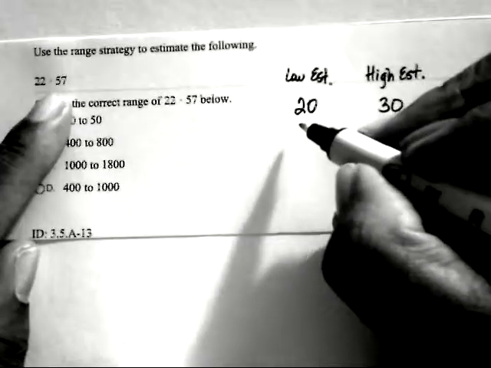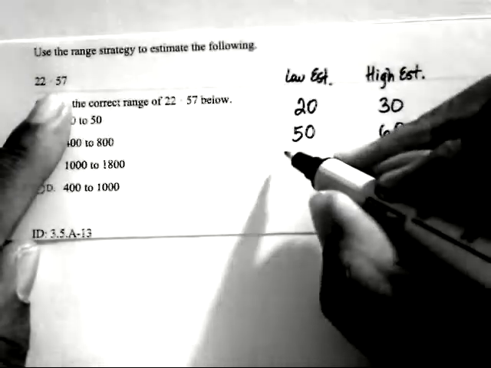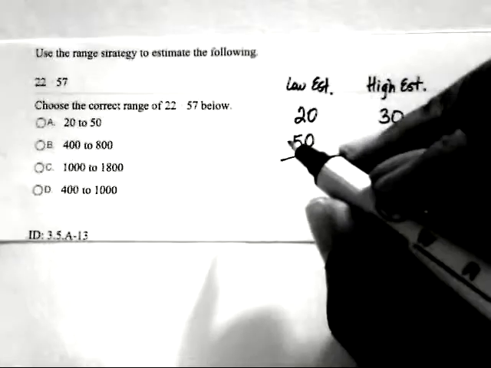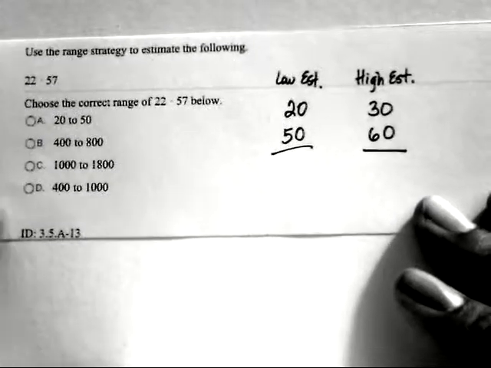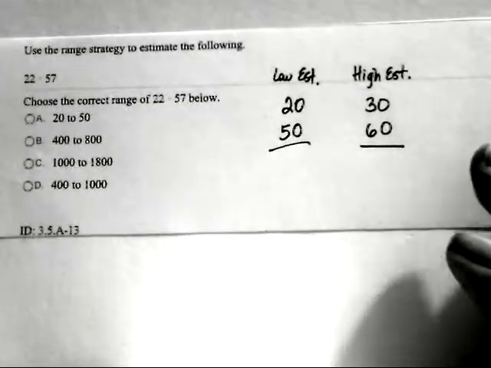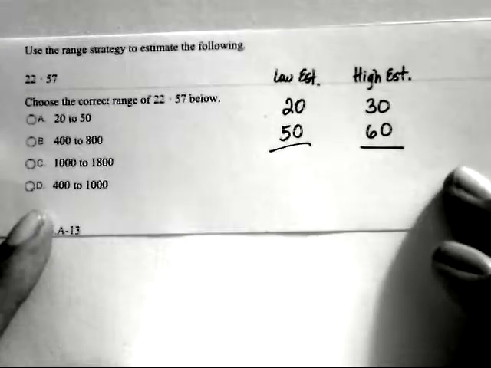57, I'm going to use multiples of 10. The lowest will be 50. The highest will be 60. Because you want to use the low and the high multiples of 10 in this situation to find the product that is in between those numbers.